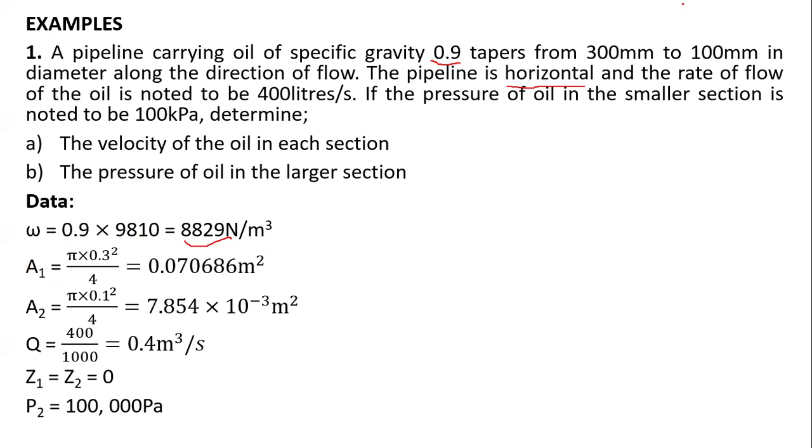Then area 1, which is referring to this bigger section, we say pi d squared over 4. So pi times 0.3 squared over 4. And we get this. Next is area 2, pi times 0.1 squared over 4. And we get 7.854 times 10 power negative 3.